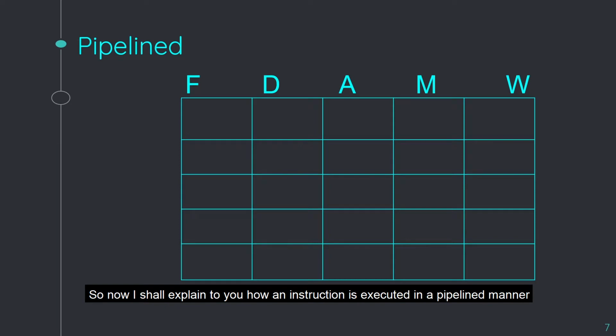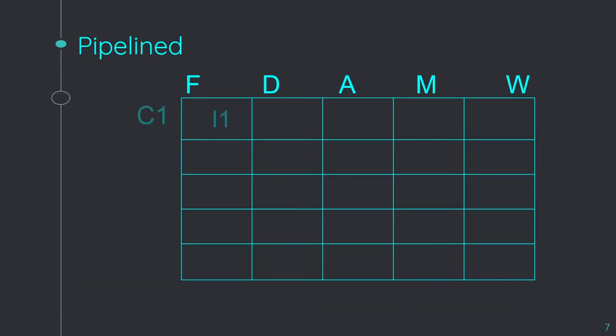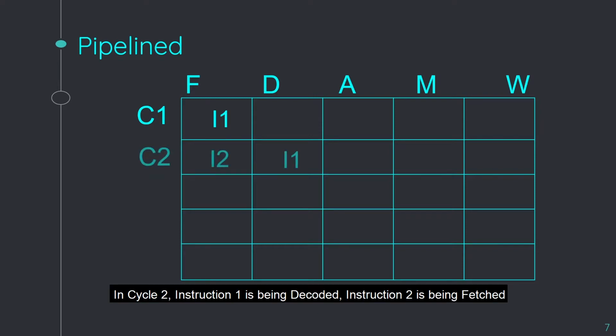So now I shall explain to you how an instruction is executed in a pipeline manner. In cycle 1, instruction 1 is fetched. In cycle 2, instruction 1 is being decoded and instruction 2 is being fetched.